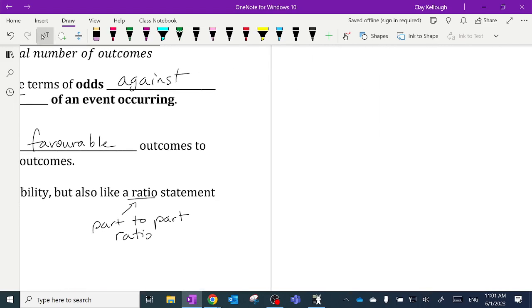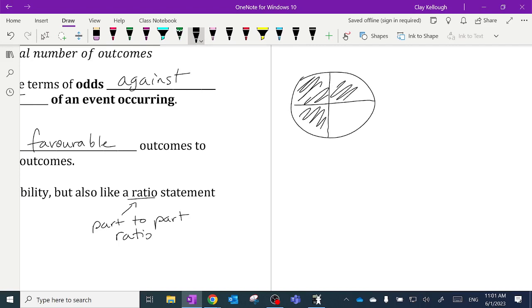Remember the first time you encountered fractions back in elementary school? You probably got a picture like this. And then maybe this was shaded, this was shaded, this was shaded. And then we asked you, what fraction is not shaded? That's the fraction you were probably supposed to say.